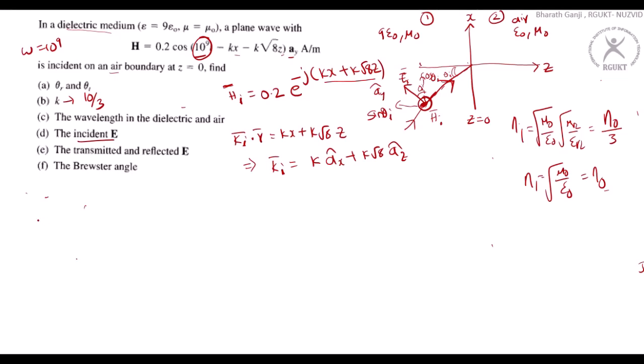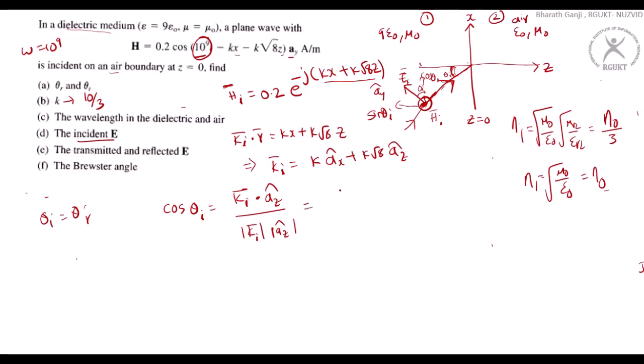We can write theta I is equal to theta r. And what is theta I? It is the incident angle. The normal vector is the z-axis, so what is the angle you make with the z-axis? The vector k bar makes some angle with the z-axis, and I take the dot product.